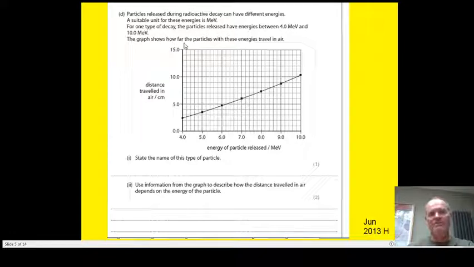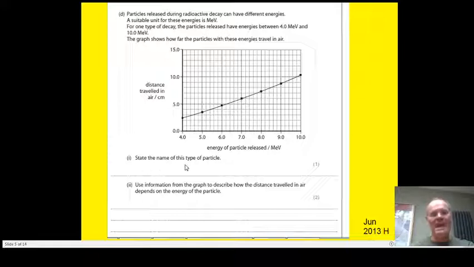The graph shows how far the particles with these energies travel in air. How far they travel in air should ring some bells about properties you know for nuclear radiation. Distance travelled is the y-axis. The energy of the particle released in mega electron volts is the x-axis.